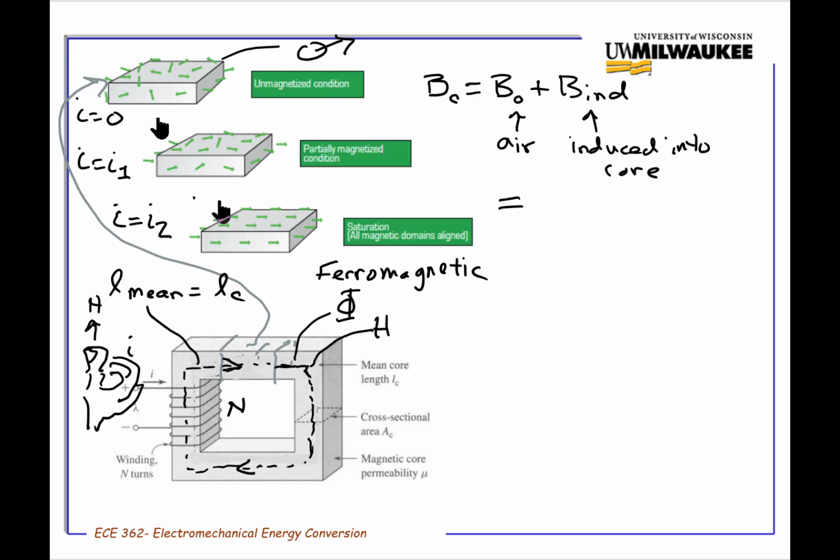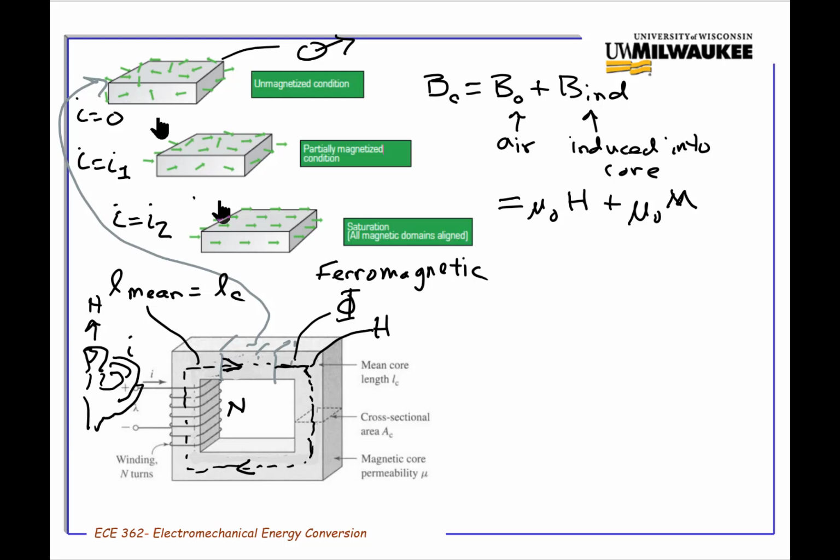If I think of it in that way, then B naught is mu naught H. And the B induction, we're going to say, is mu naught times some magnetizing field intensity, where we've magnetized the core.